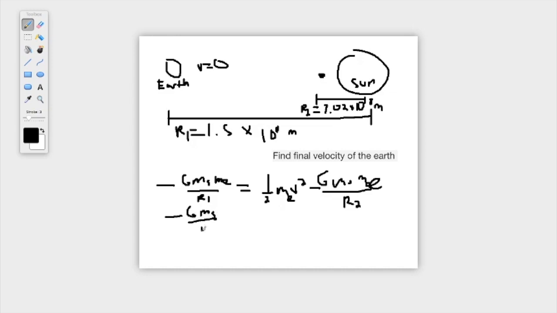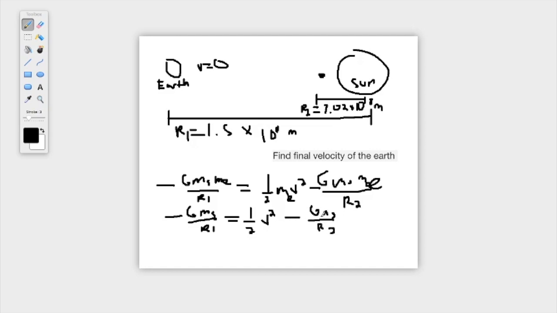So G Ms over r1 equals 1/2 v squared minus G Ms over r2.